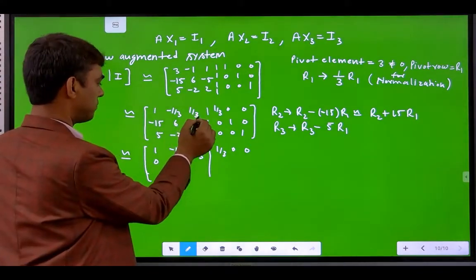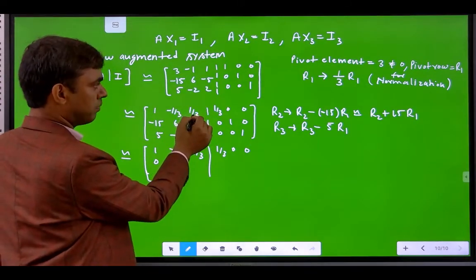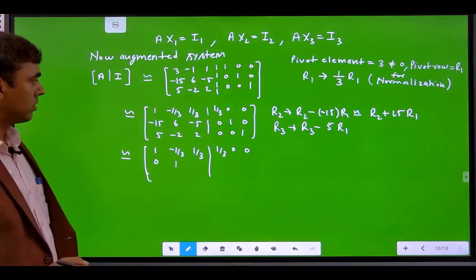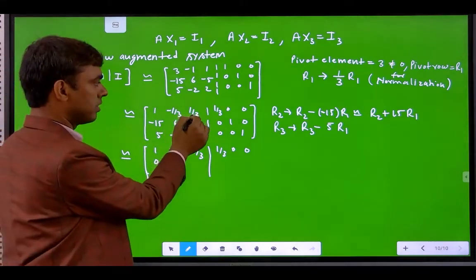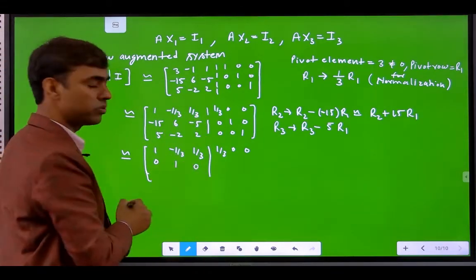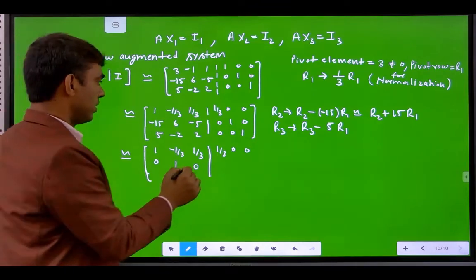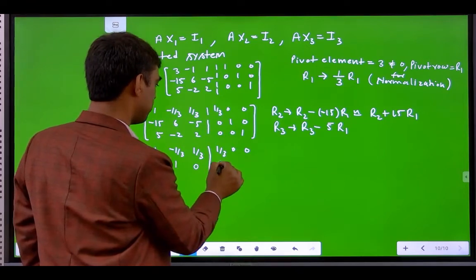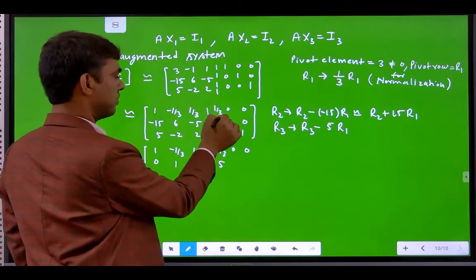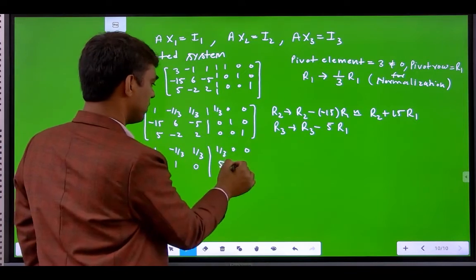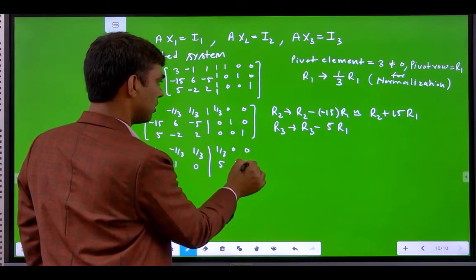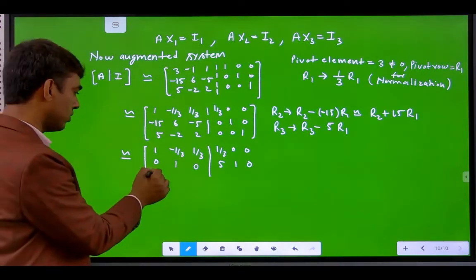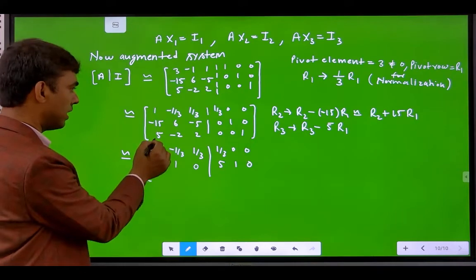And this becomes 15 by 3, minus 5 plus 15 by 3, so this becomes 5, and this one becomes 0. Then with R1 times 15, because 15 by 3 becomes 5, there is no change in 1 and no change in 0. So 5, 1, 0.